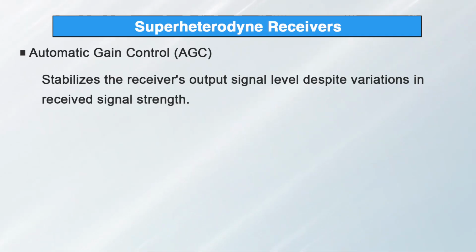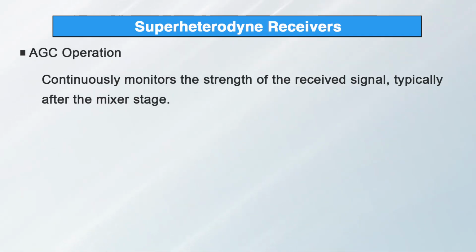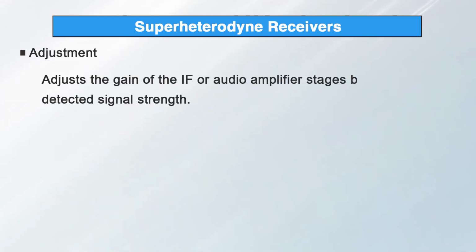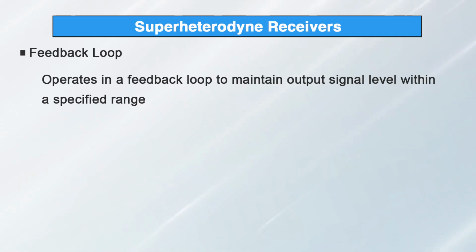In operation, the AGC circuit continuously monitors the strength of the received signal, typically after the mixer stage. Based on the detected signal strength, AGC adjusts the gain of the IF and audio amplifier stages. It operates in a feedback loop, where changes in the signal strength lead to corresponding adjustments in the gain, ensuring that the output signal levels remain within the specified range.